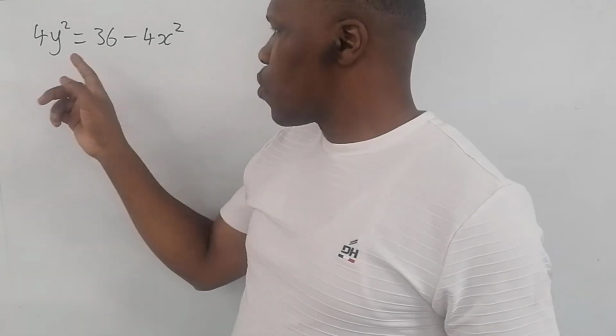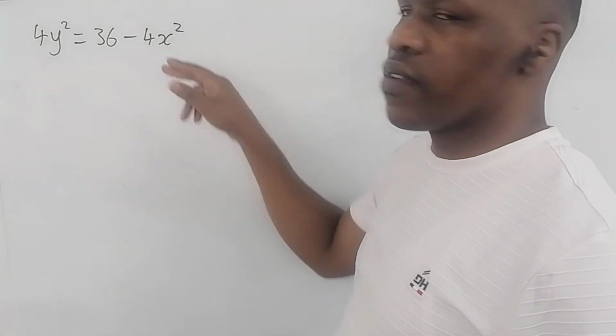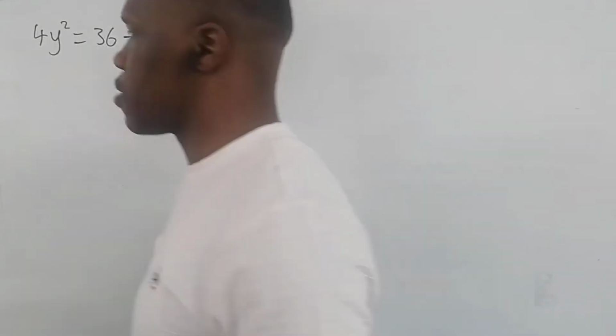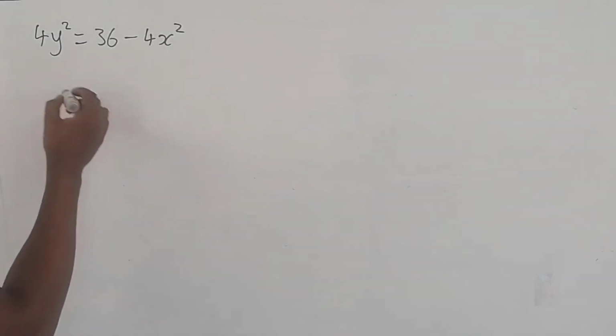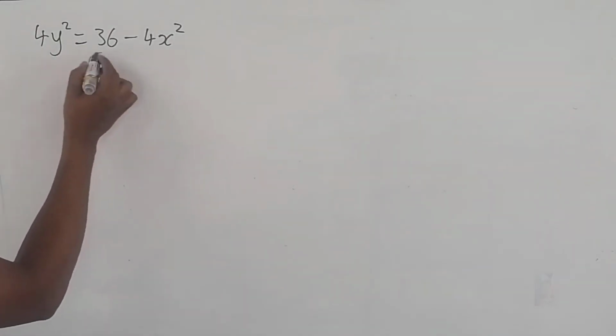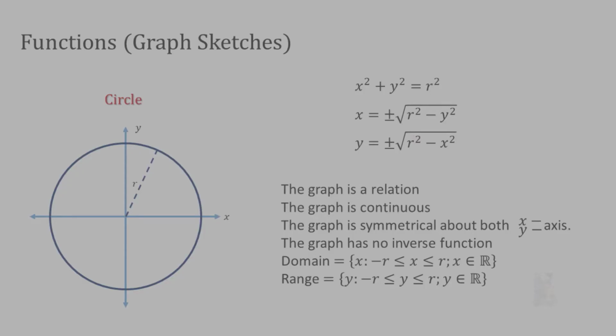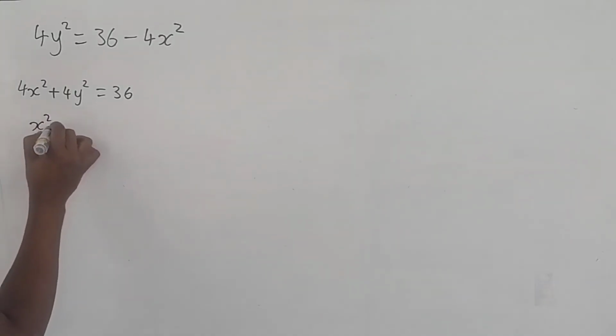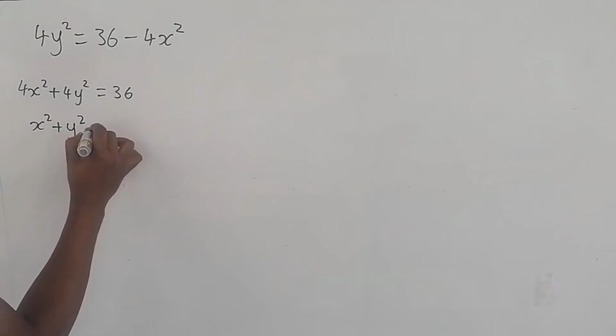Then we are asked here to sketch the graph of 4y squared is equal to 36 minus 4x squared. We can first rewrite it nicely so that we can divide by 4 on both sides, and then we'll have our radius. Then the radius squared is 9, so that means the radius is actually 3.